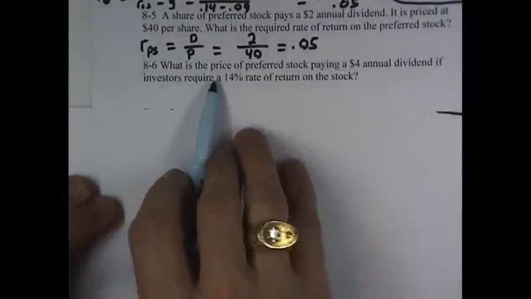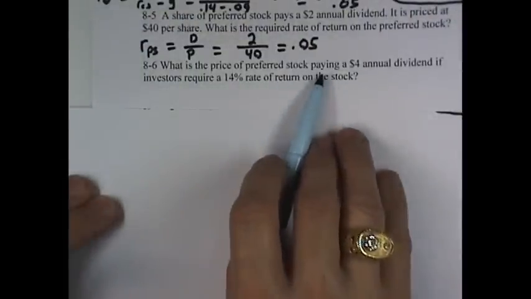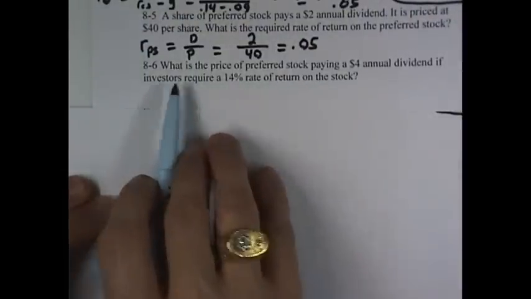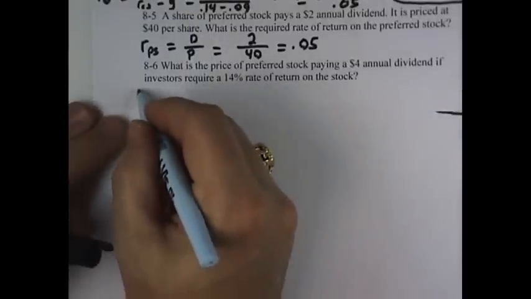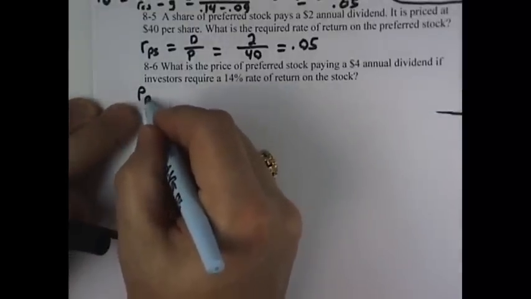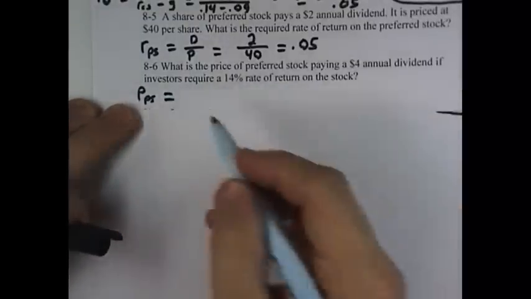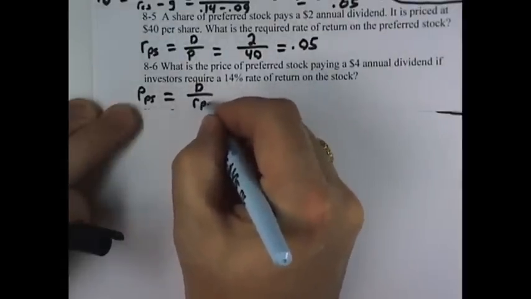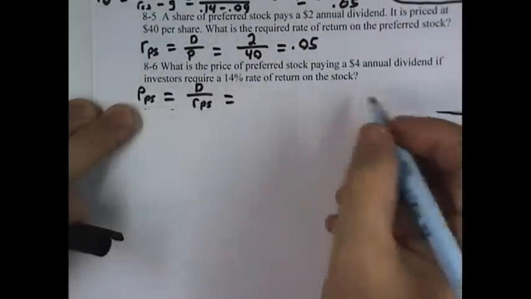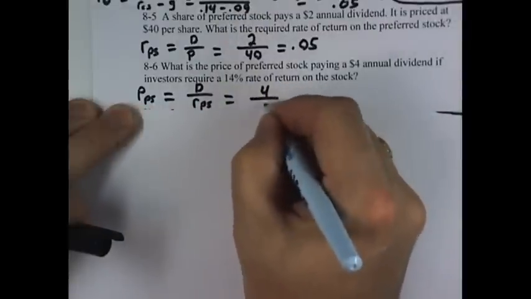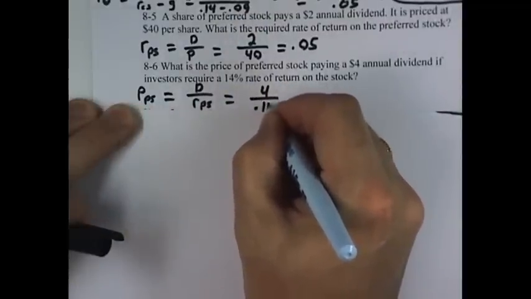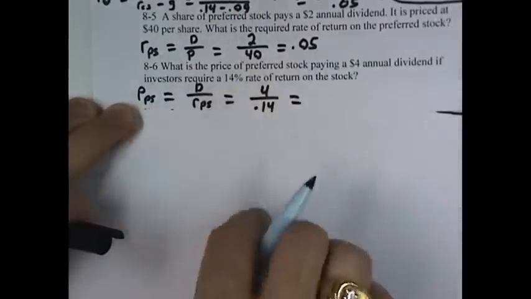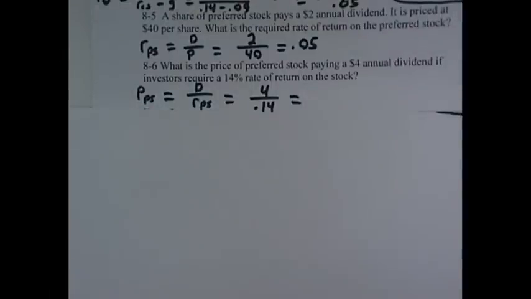And 8.6 says, what is the price of preferred stock paying a $4 annual dividend if investors require a 14% return on their stock? The price of preferred stock is the dividend divided by the required return on the preferred stock. So I'll take that $4 annual dividend and divide by my 14% required rate of return.